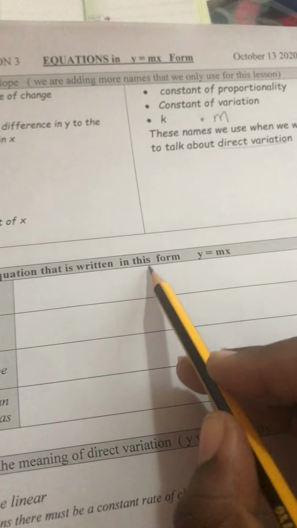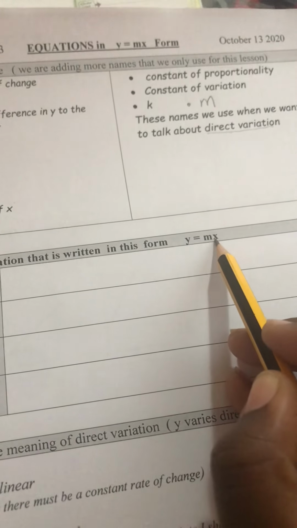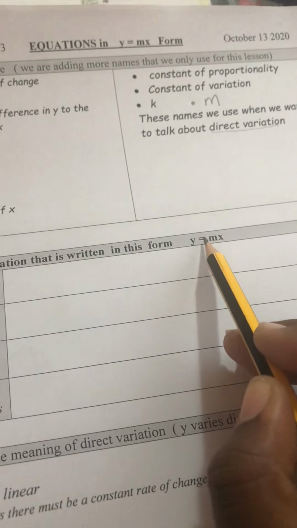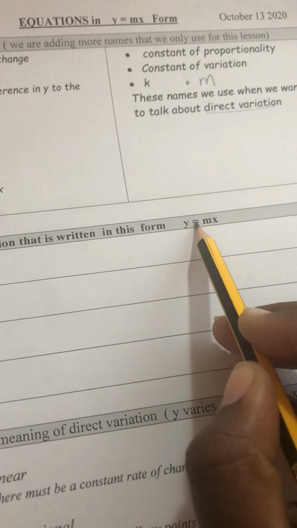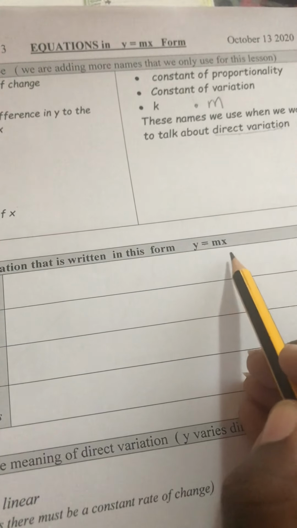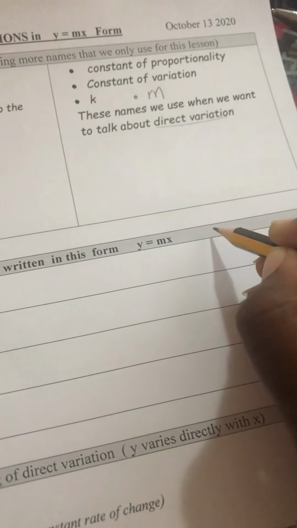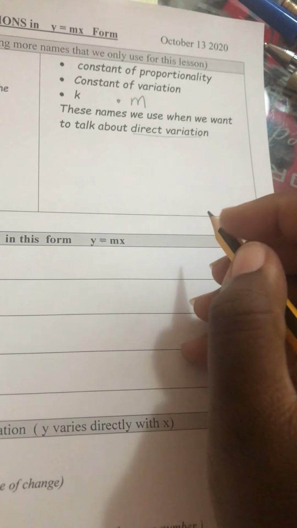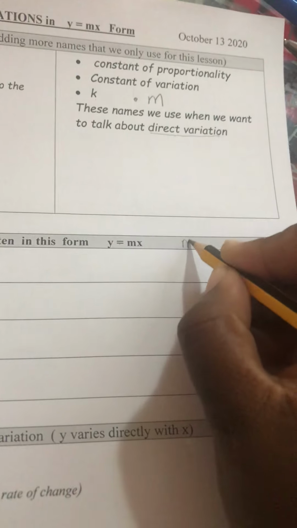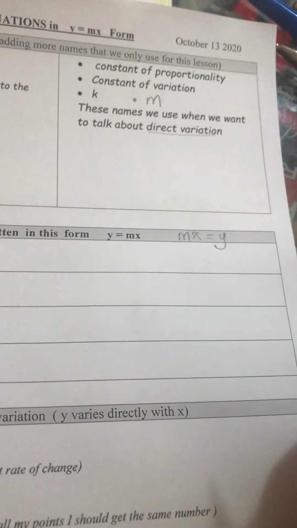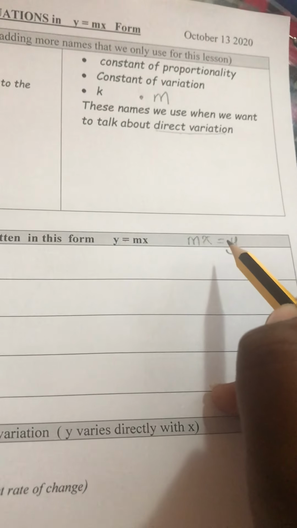Alright. An equation that is written in this form, that means y is equal to mx. You have y on one side and mx on the other side of the equal sign. You should not see any other way, just this way. So it can be written as y equals mx, or because of which property? Which property allows me to write it like this? Commutative property. Okay?